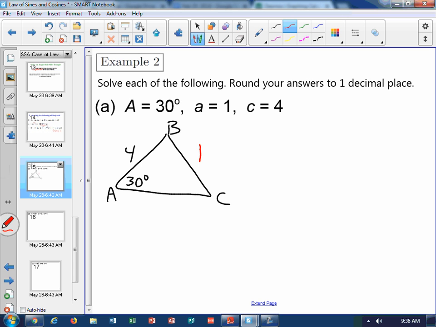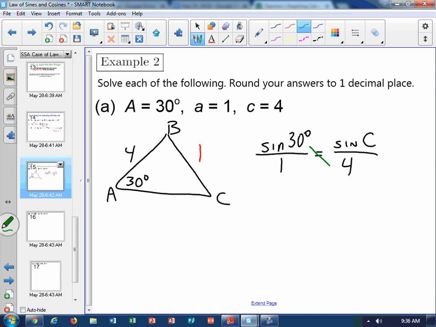The first thing we need to do with angle-side-side is find the angle opposite one of the known sides. So we start with sine of 30 degrees over 1, the sine of angle A over side a, equals the sine of angle C over 4.